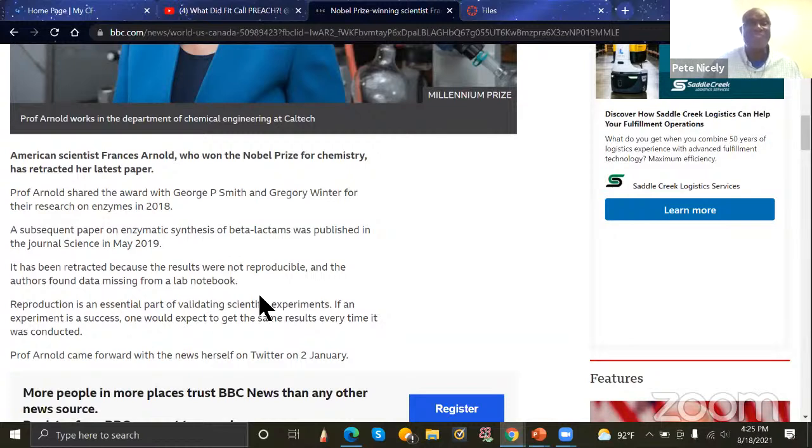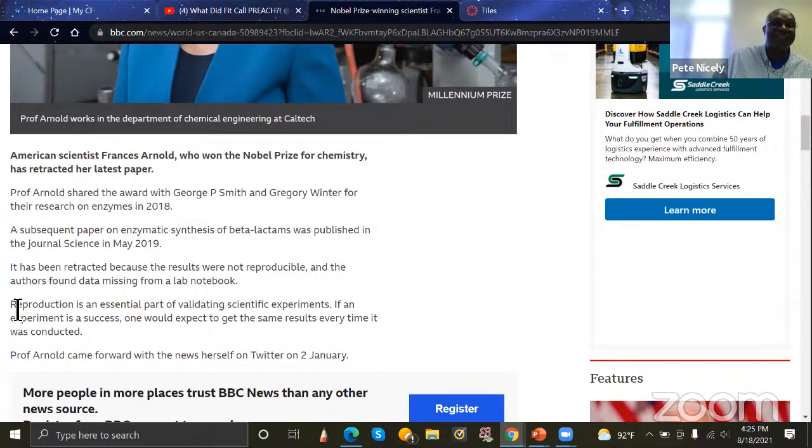Basically, after questions were asked about the results because people were not able to reproduce them, she went back and tried to find the original notebooks where the results were written. And apparently some data was missing from one of the lab notebooks, all right?